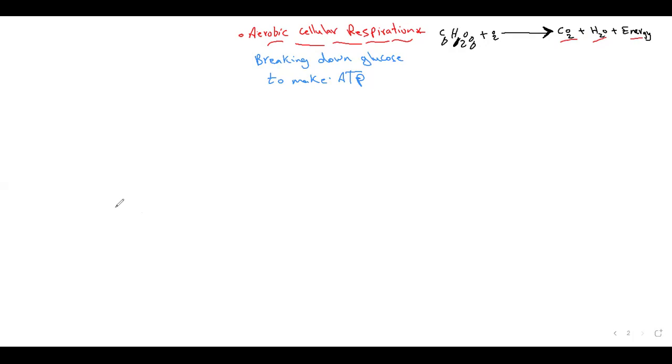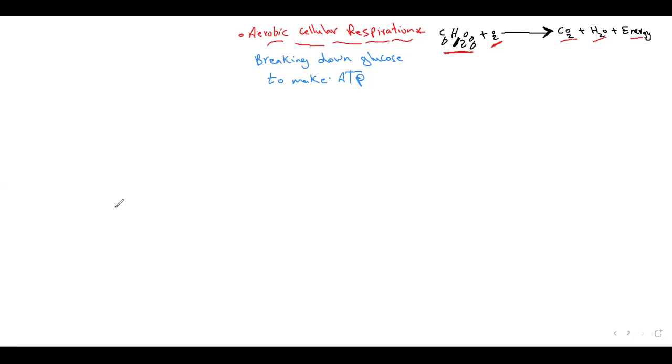We and the plants, let's make it simple first. We eat food, right? And we breathe oxygen, right? Remember the trick? The oxygen was released from the water in photosynthesis.